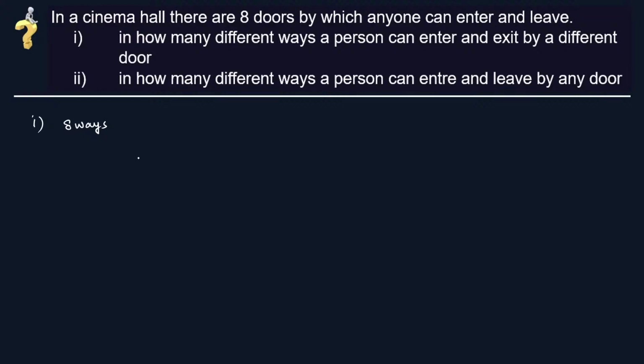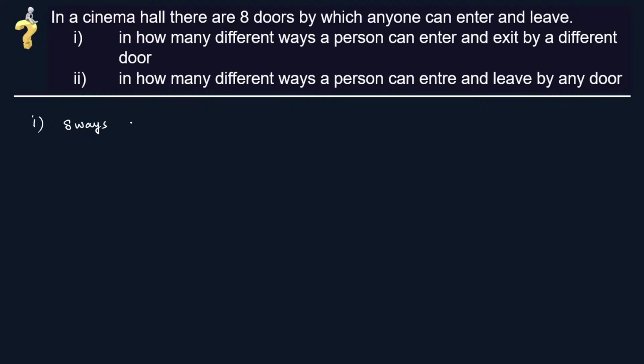Now he enters the cinema hall by taking one door at a time, because I cannot enter the cinema hall by taking 2 doors at a time. No, not possible. So I have to choose only one door, which can be done in 8 ways. Now I have to exit by a different door. So the door that I have already used to enter the cinema hall, I cannot use to exit.